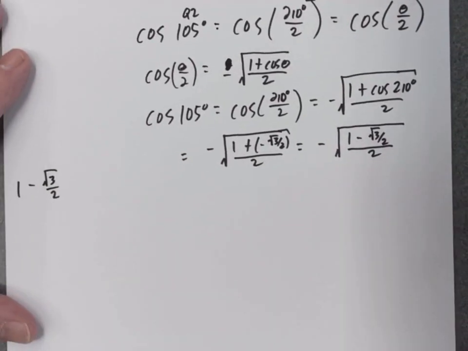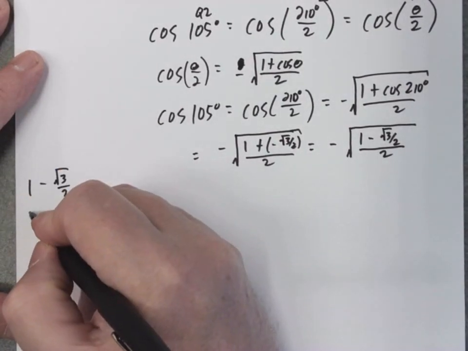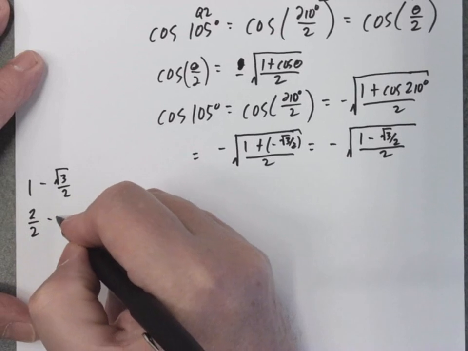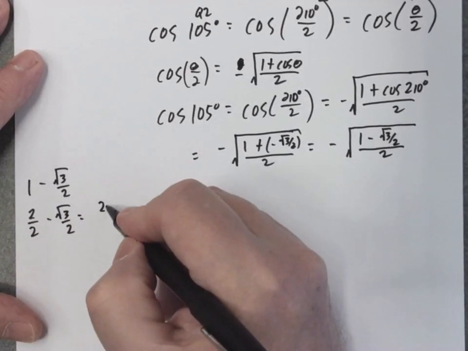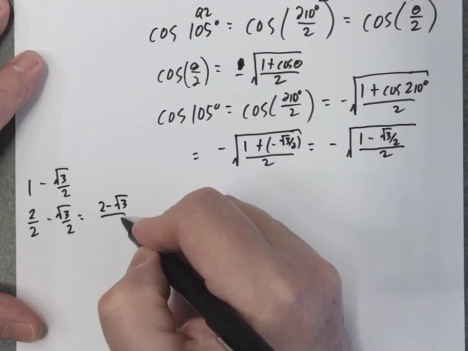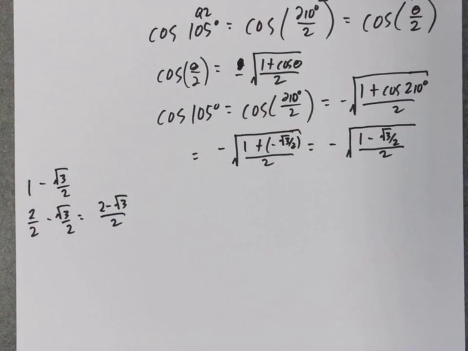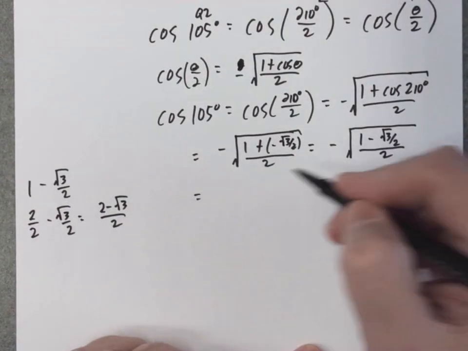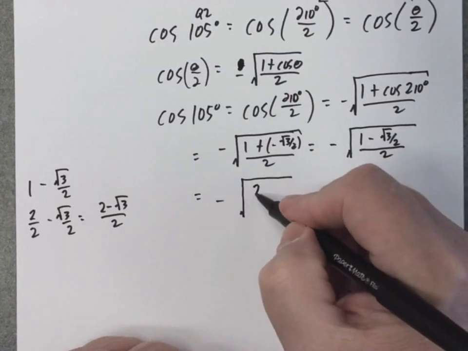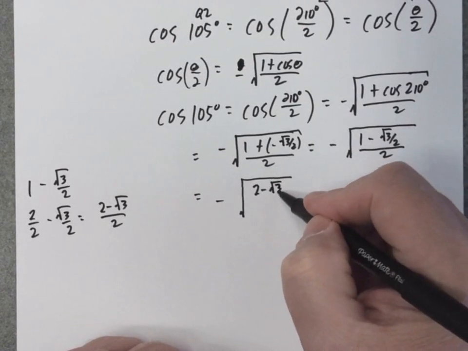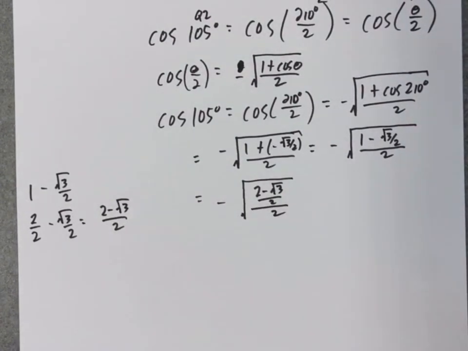So to do that, I'm subtracting here. I have to have a common denominator. I can convert 1 to be 2 over 2. So therefore, I can make this one fraction. 1 minus square root of 3 over 2 is the same thing as 2 minus square root of 3 over 2. So I replace that. So I have 2 minus square root of 3 over 2, all over 2.